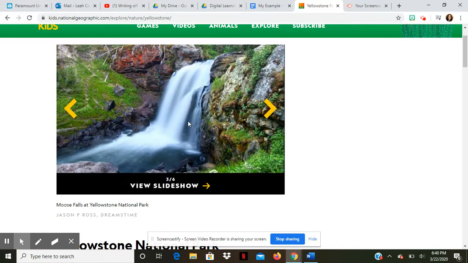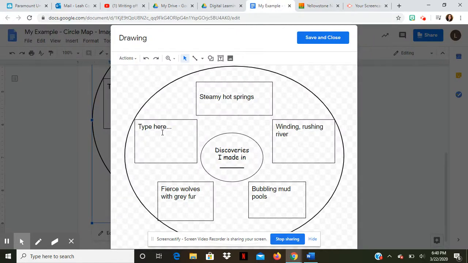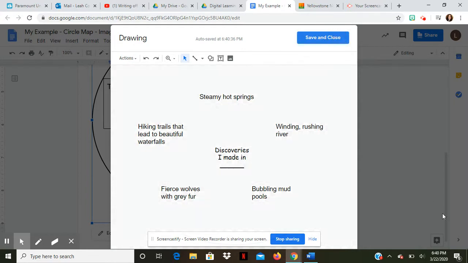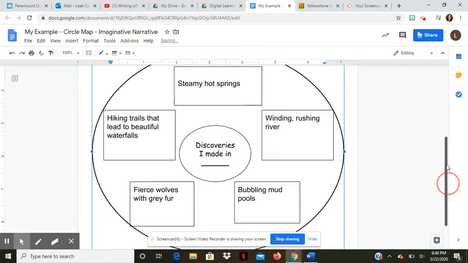Oh, yes, I remember. Hiking trails that lead to beautiful waterfalls. Yes. Let's go ahead and type that down. Hiking trails that lead to beautiful waterfalls. Save and close.